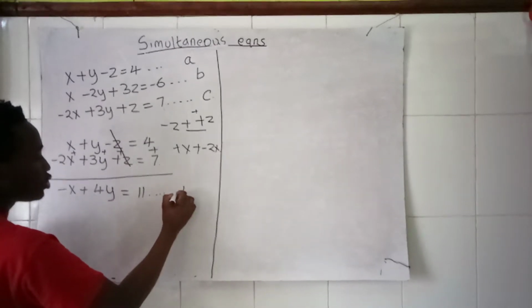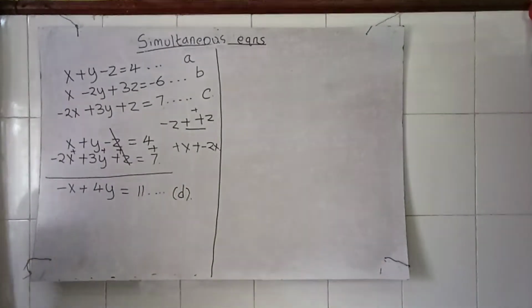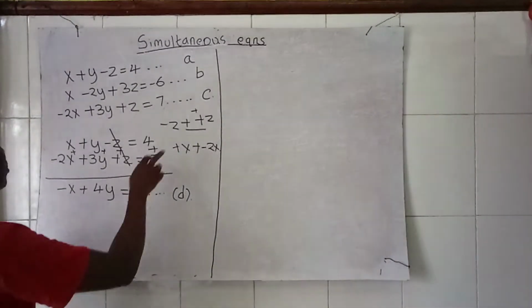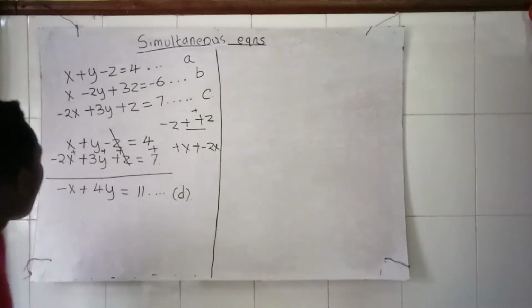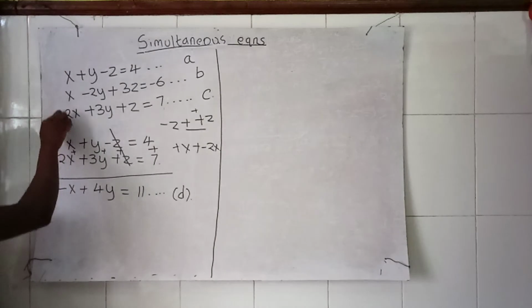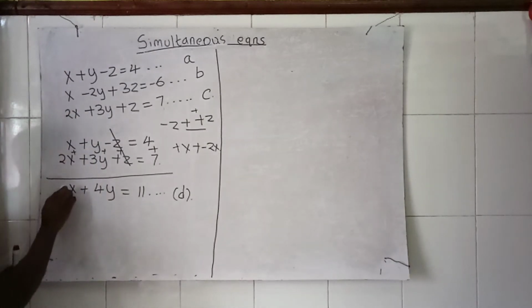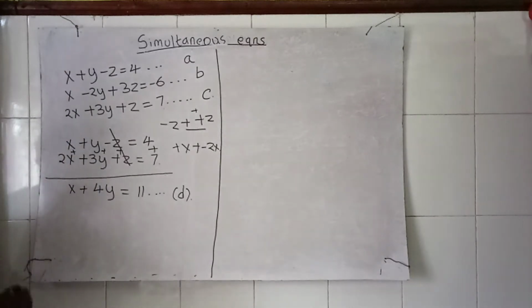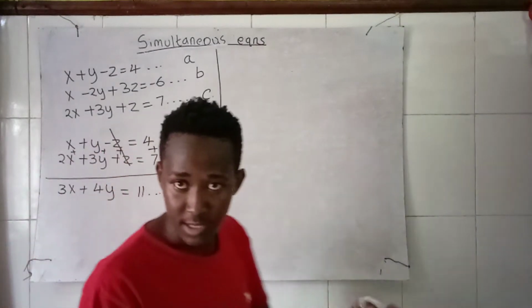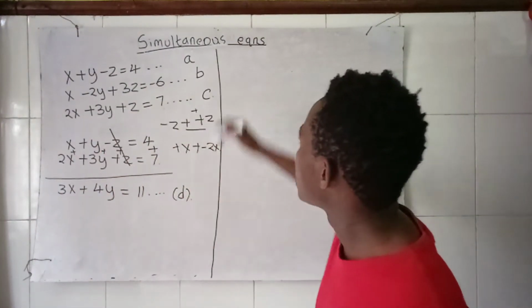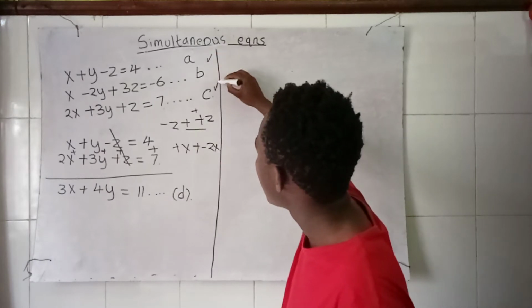And so that is going to be my equation number D. Hapa tukiweka negative itatupatia challenge kiasi. So let me just remove the negative hapo. Sorry for that. Tuseme x plus 2x itupatie 3x. Ndio pia turahisishe kazi, si ndio? Haya. That is my equation D. So consider A and C.